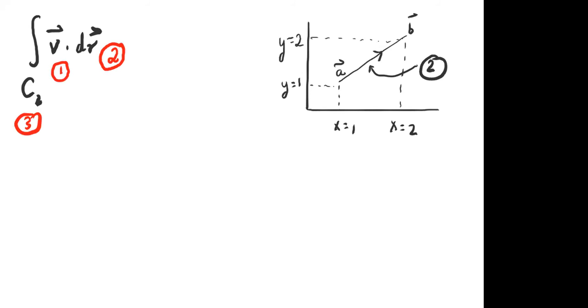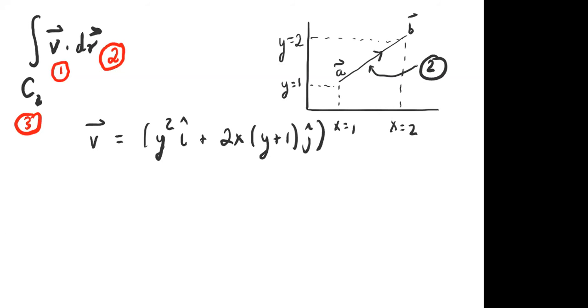So first things first, remember we defined this problem so that v was y squared i hat plus 2xy plus 1 j hat. So what is dr? Well, that's easy. That's just a displacement vector in a two-dimensional Cartesian system. So i hat dx plus j hat dy.